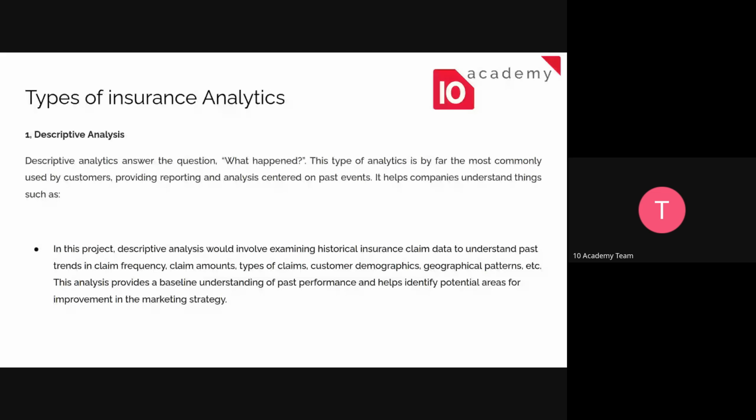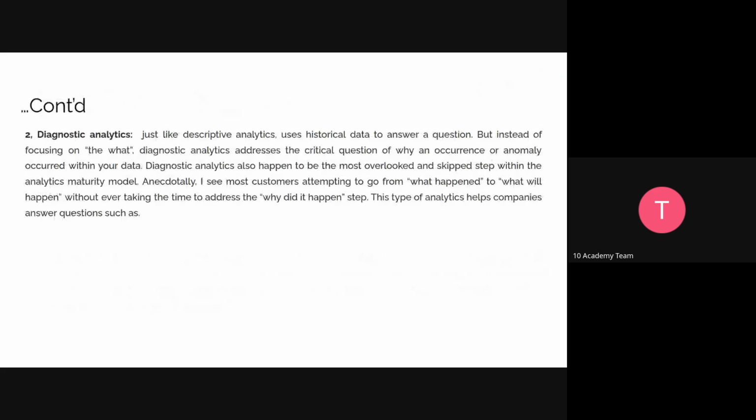So, the point is, the first one is the descriptive analysis. Specifically, it will answer what happened. Okay, this happened here, this happened here, this happened here. So this is the first type of analysis that we make for insurance analytics. The next one is diagnostic. I feel like I just answered what diagnostic and descriptive analysis are together, but just like the descriptive analysis, it uses the historical data.